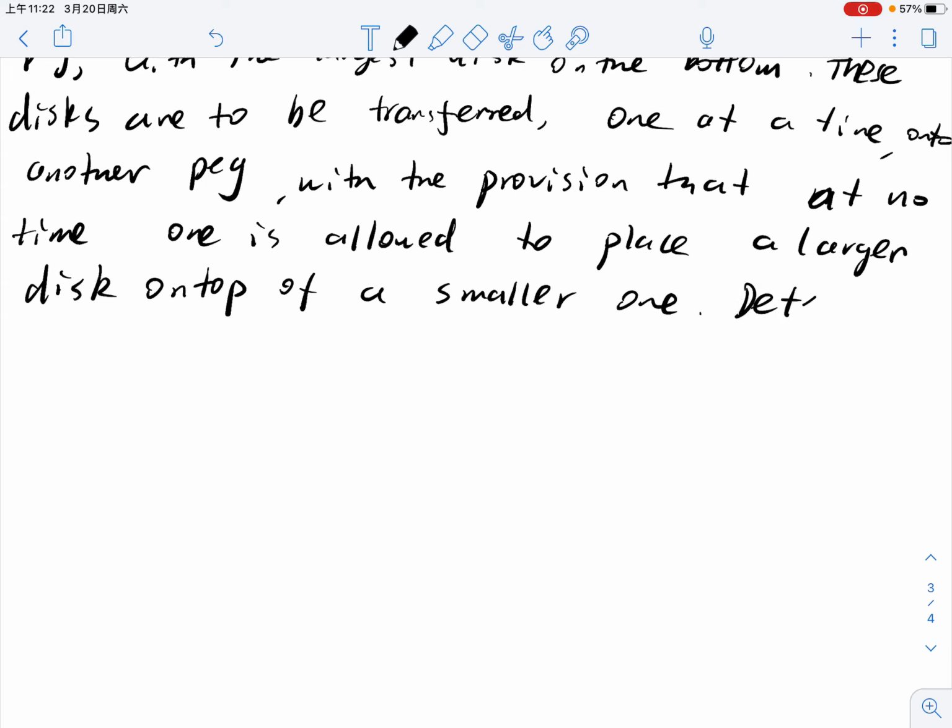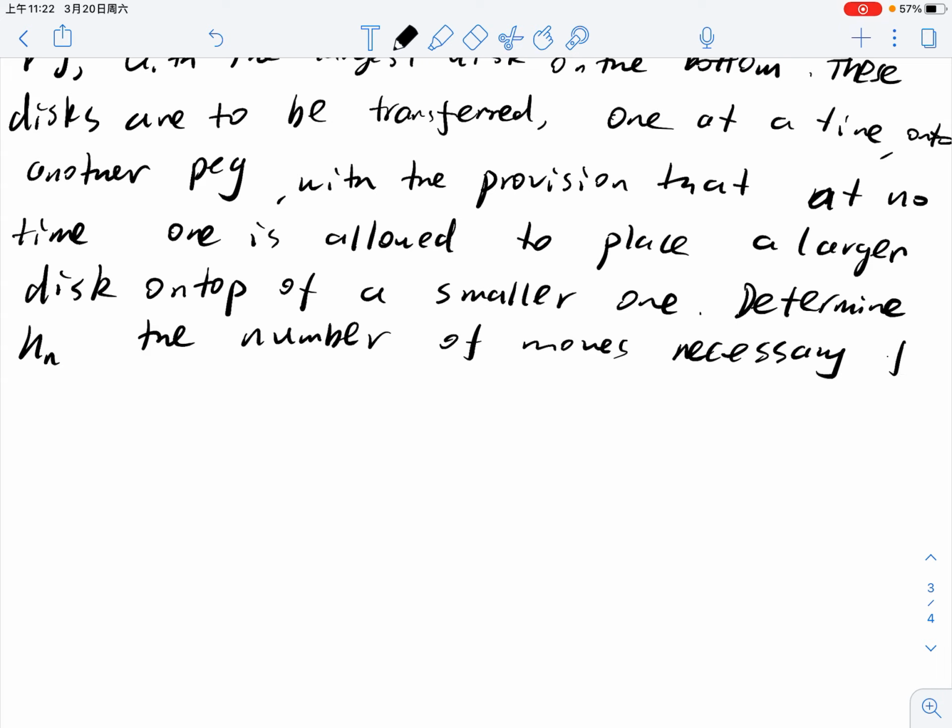And then the question is to determine Hn, the number of moves necessary for the transfer.